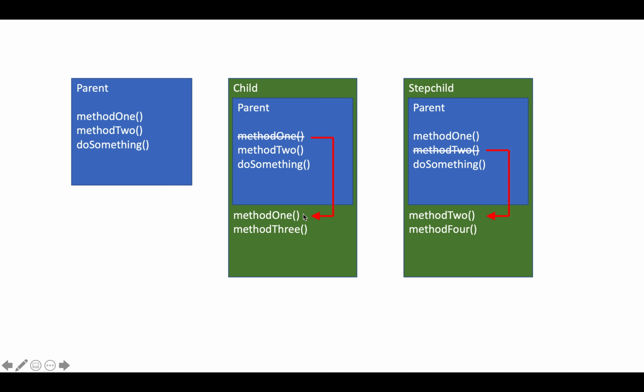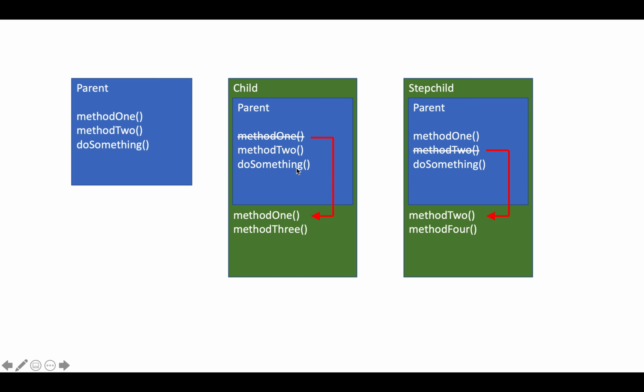It's going to call the overridden method in child. Okay, so when I have this child object and I call method 1, it's going to actually execute this method 1 rather than this method 1. Okay, the method 2 was not overridden, so it's going to call the method 2 that was defined in parent.